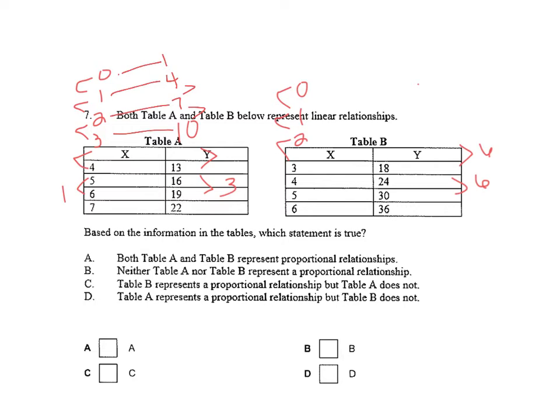Same thing on the other side. My slope on table B is 6, so I'm going to subtract backwards until I match up with 0.